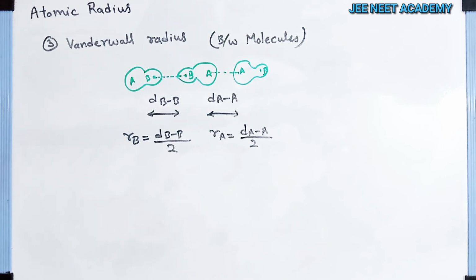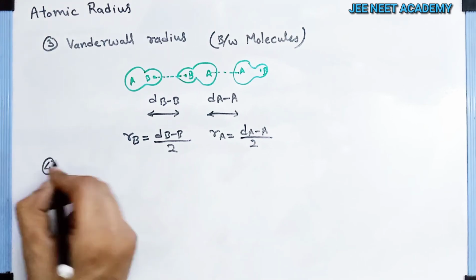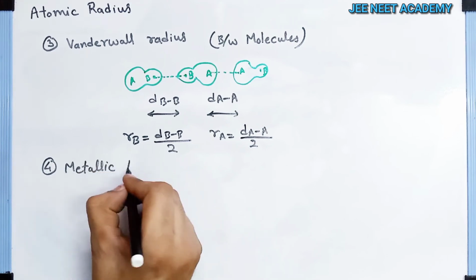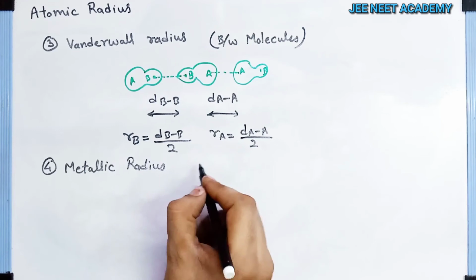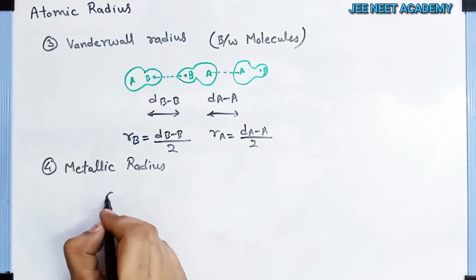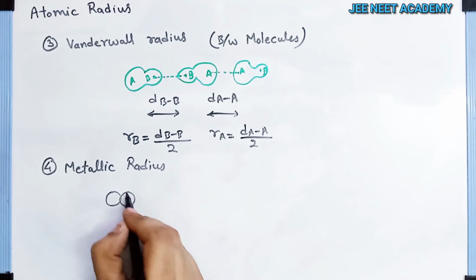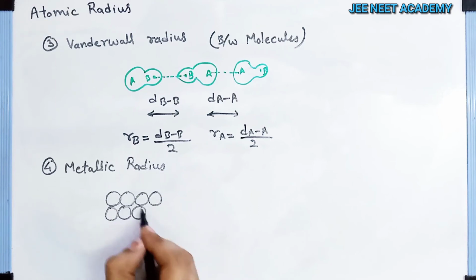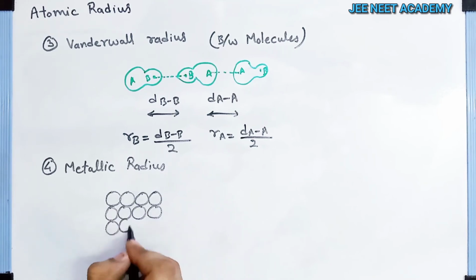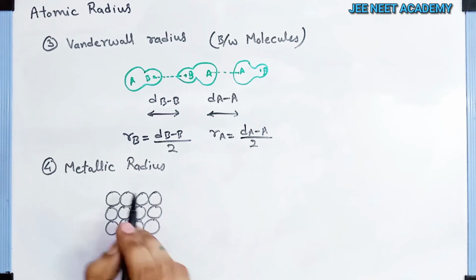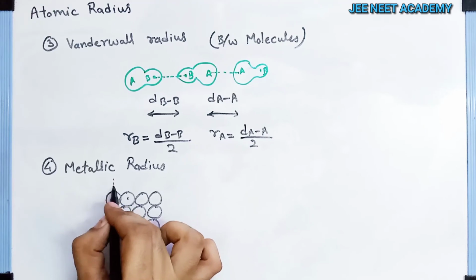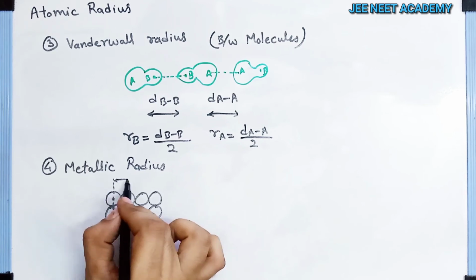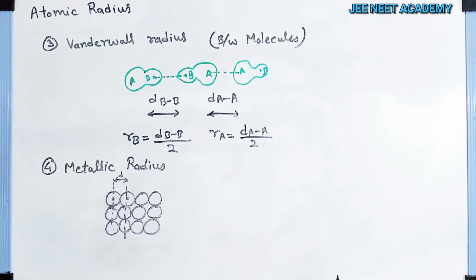Now, metallic radius, the fourth one. In metals, atoms are arranged in a form where they can't move in space, so the distance between two atoms in the solid form of any metal is called the metallic radius.